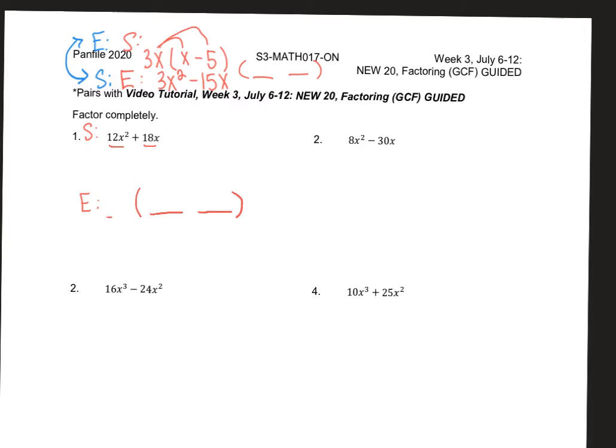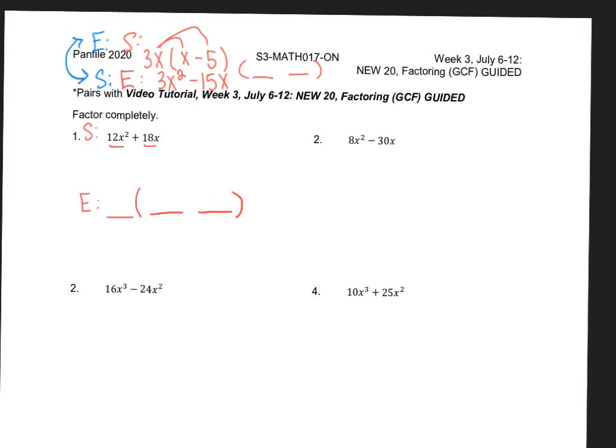Now, out front, I'm going to put a line because I'm essentially dividing out, or pulling out, a GCF. And that's whatever I'm getting from this binomial that is common between the terms. So 12 and 18.